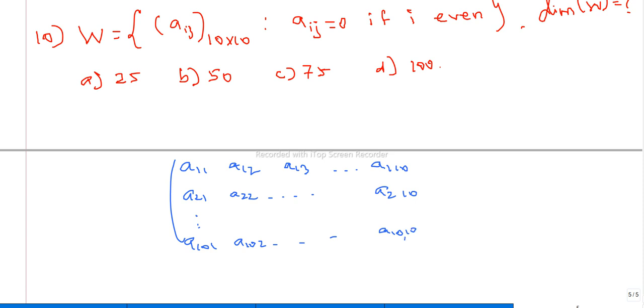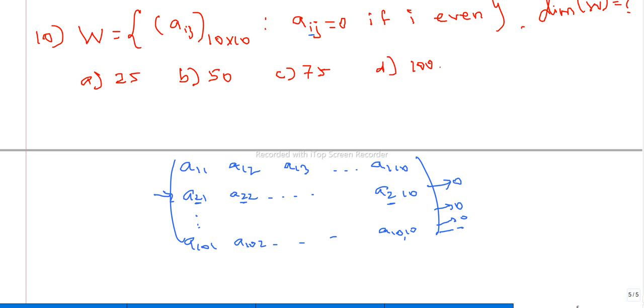Okay, it's not 100. Now the second row should be 0 because the first subscript is an even number, and if i is even, that should be 0. So this entire row is 0, and the fourth row is also 0, the sixth row is always 0, the last row is 0. Therefore how many remaining unknowns are there?